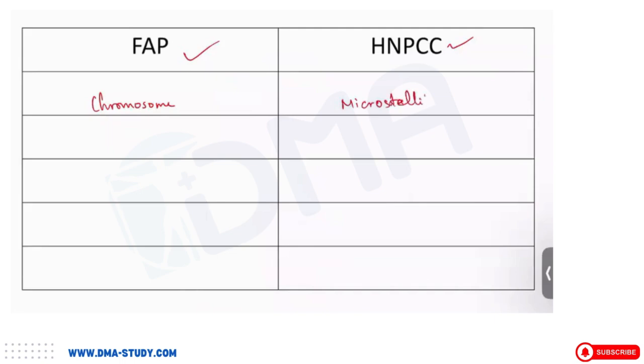Then FAP is most commonly associated with males, while here it is most commonly associated with females. In FAP you can do prophylactic colectomy, but here we have to wait till the carcinoma develops.